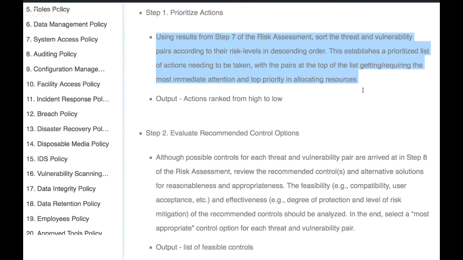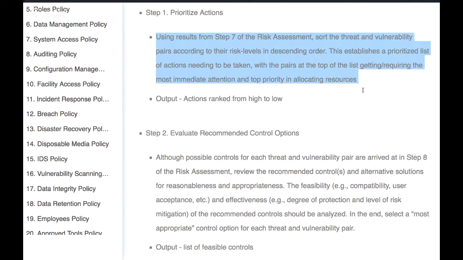So basically they're saying in risk mitigation you have to prioritize actions. That means we sort threat and vulnerability pairs according to risk levels in descending order.